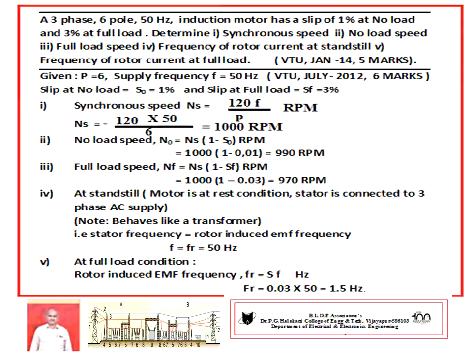Getting the idea? Then go for the last condition. At full load condition, F dash equal to Sf times F. So full load slip is 0.03, supply frequency is 50 Hz. So we are getting 1.5 Hz.